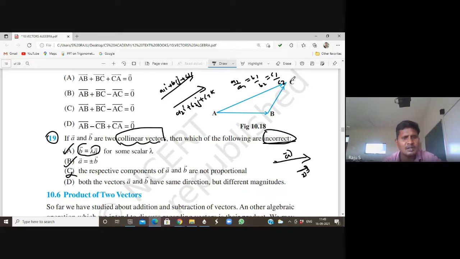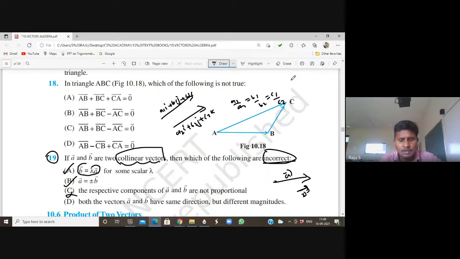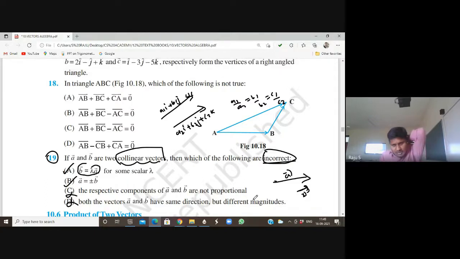So what is the correct option they have given in the book back? Just look at it. Yes, students. This is also not compulsory that it must be having different magnitude.